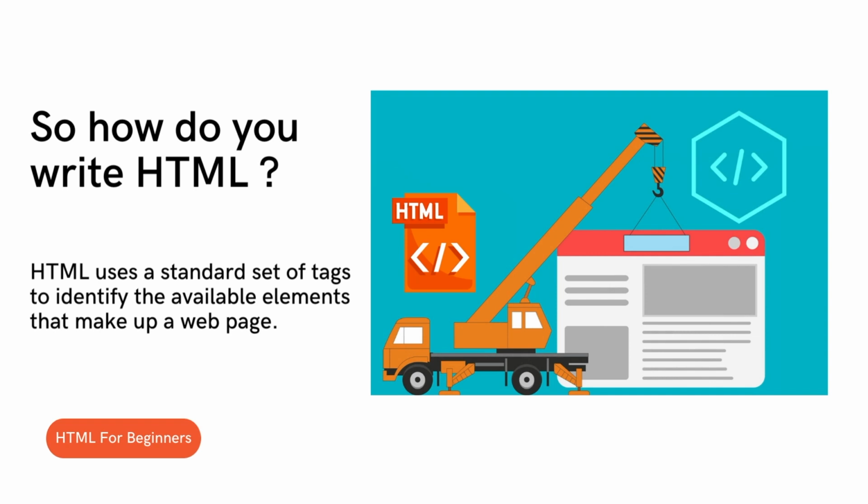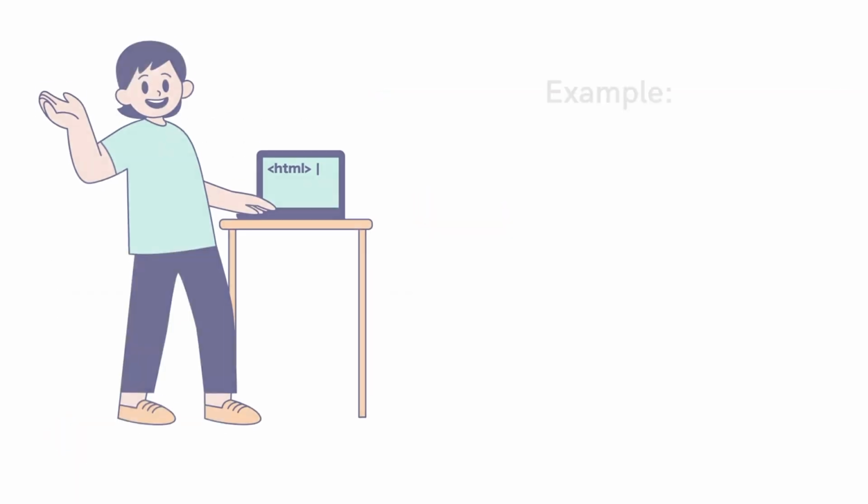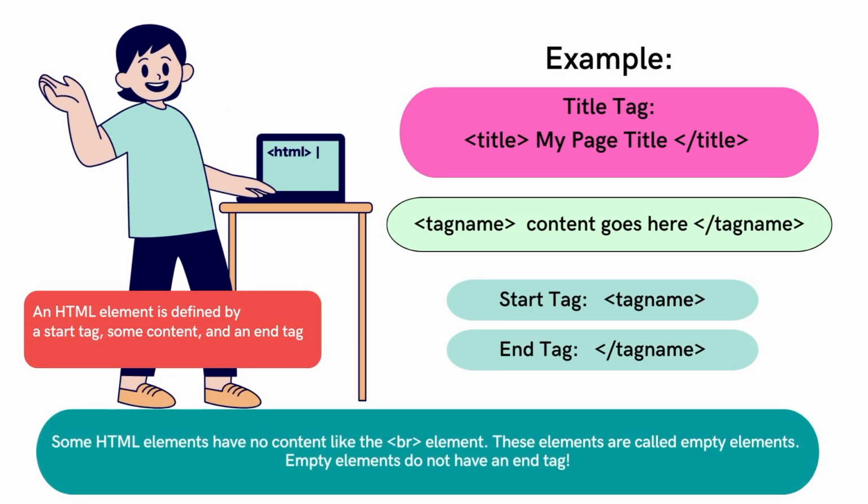HTML uses a standard set of tags or labels to identify the available elements that make up a web page. Each tag is defined using angle brackets. For example, you can see how the title tag is defined here. An HTML element is defined by a start tag, some content, and an end tag.